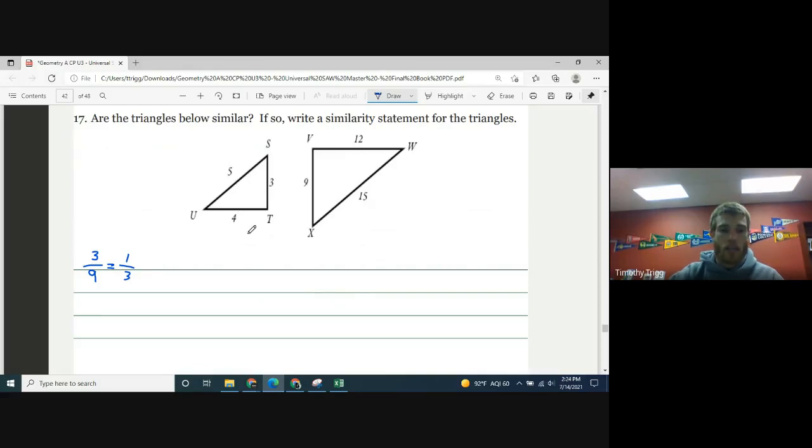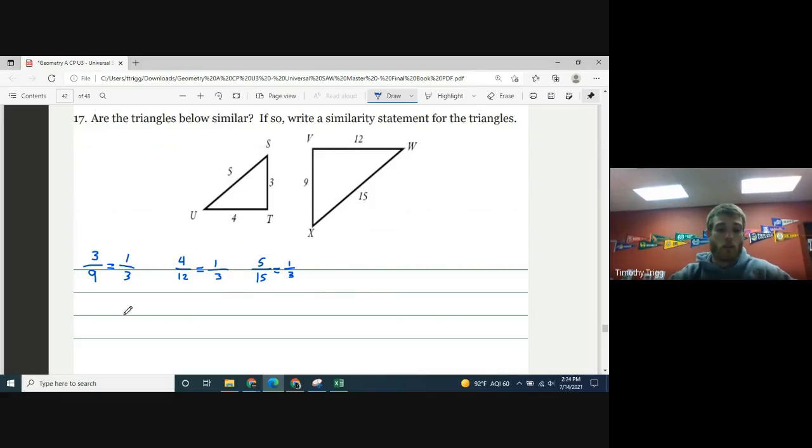Now let's use the second smallest, 4 here, TU, which corresponds with the 12 here, the second smallest from that triangle. This also equals 1/3. Lastly, the 5 corresponds with 15, which also reduces to 1/3. Since they all reduce to the same fraction, we can say the sides are proportional.